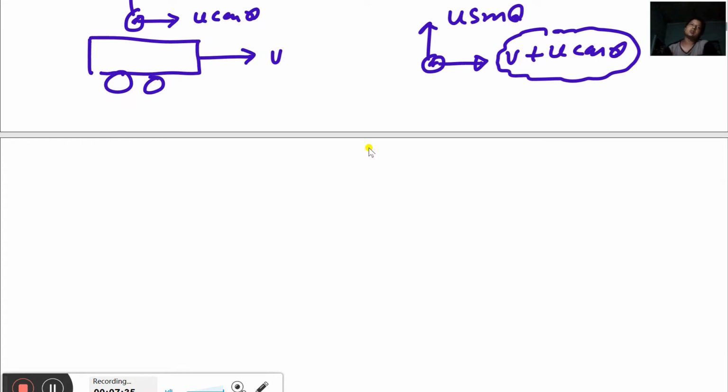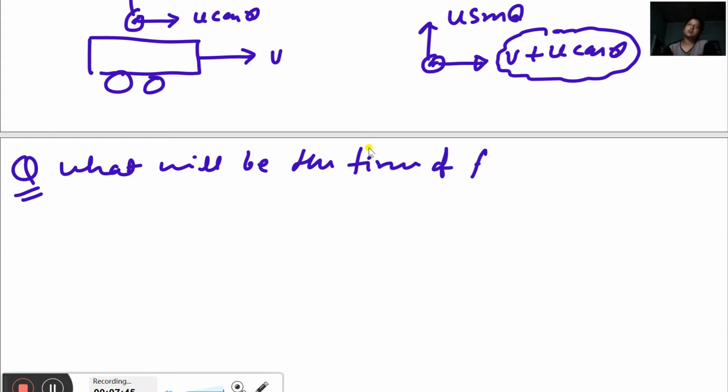What will be the time of flight in this case?